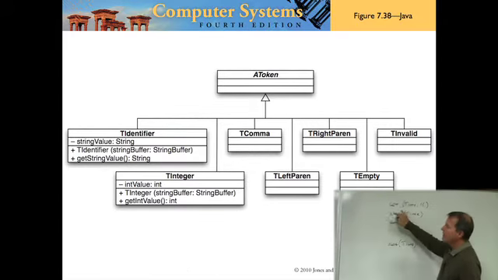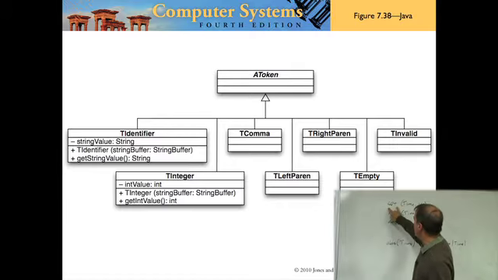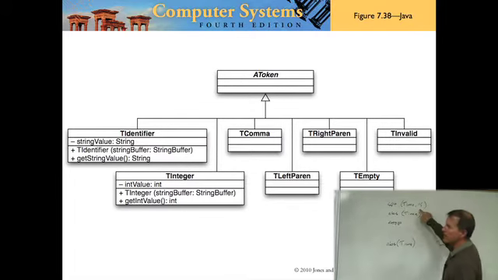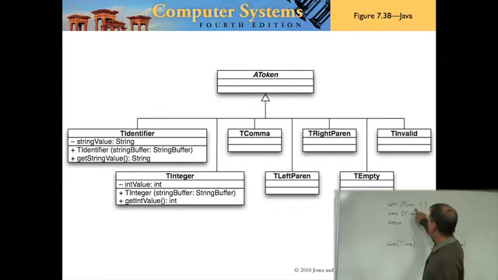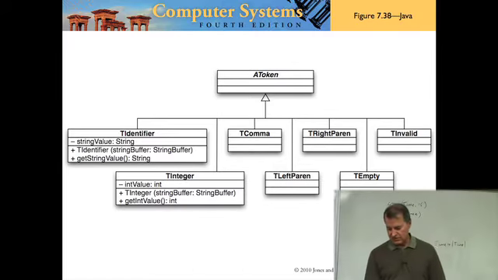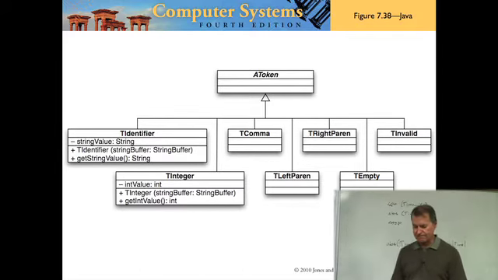Like we said before, we have an identifier token, like set and time would both be identifier tokens. Integer, that'd be like the 15. Then we have a t comma, and then we have a t left paren and t right paren that correspond to these, and then we have an empty and an invalid. So are we good? That's all just like we had before. Is everybody clear on that?